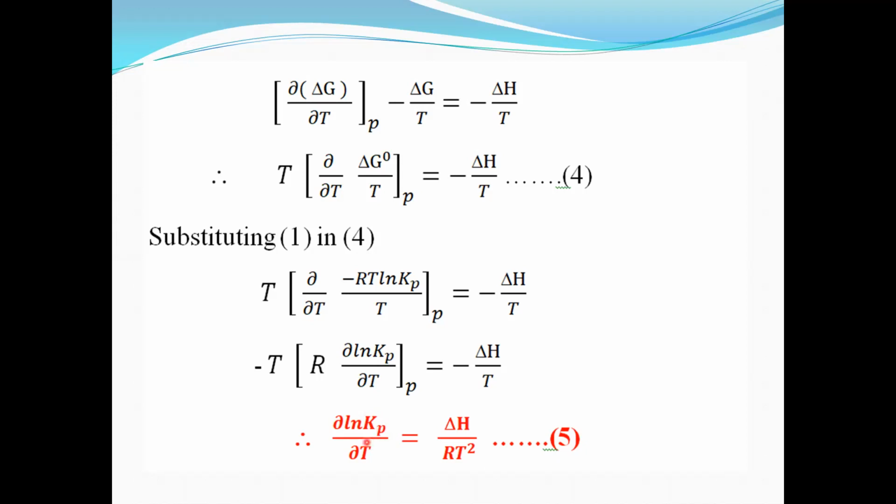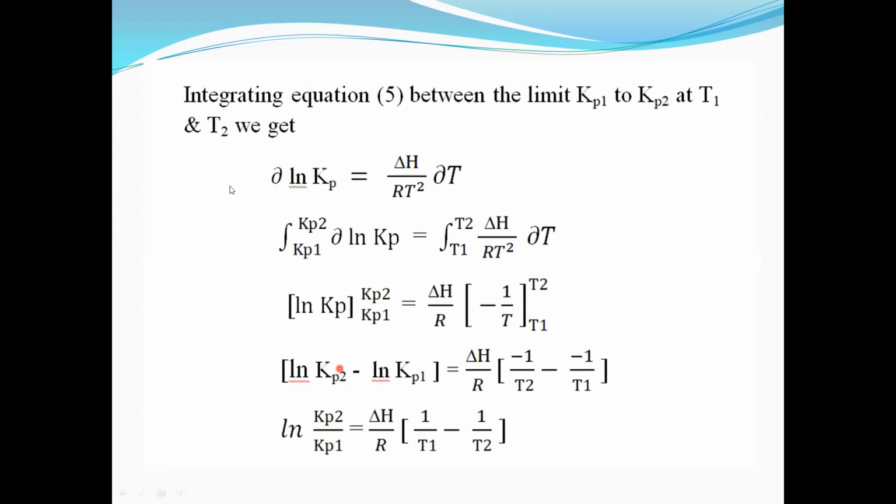So to obtain the integrated form of the Van 't Hoff equation, we have to integrate equation 5 between the limits Kp1 to Kp2 on the left side and T1 to T2 on the right side. First of all, rearrange this equation.